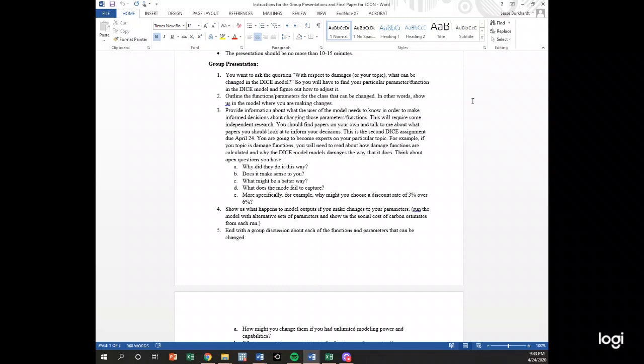Obviously, he's probably made some changes to the model since then. What is he doing now? Maybe you could use that as your upper or lower bound on your parameter estimates. So basically, you're going to make some changes to the model, and you're going to have to back them up with literature.